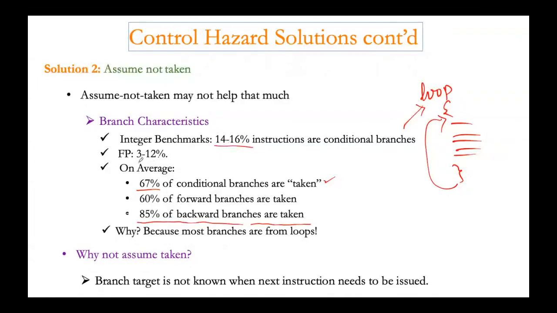In floating point, 3 to 12% are conditional branches. If they are taken, backward branches will be there, and forward branches will be around 60%. Why? Because most branches are from loops. That's the reason this condition is satisfied. The second question is, why not assume taken? We have assumed not taken.